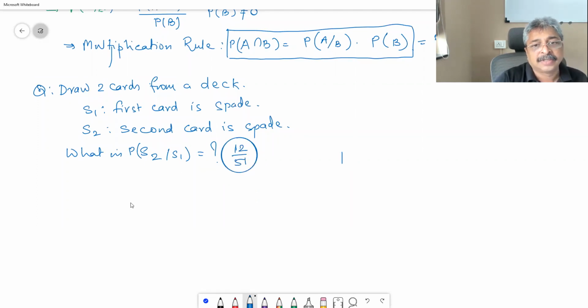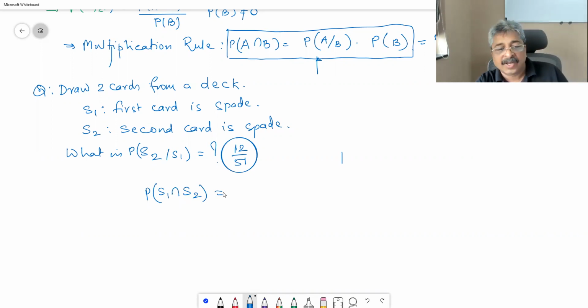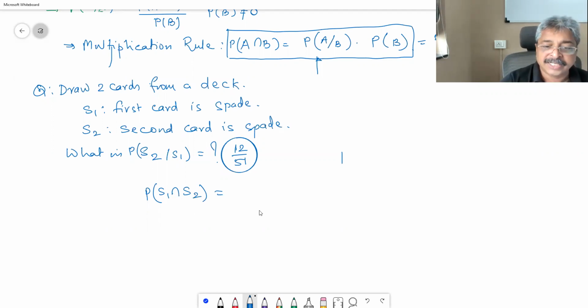Therefore, probability of second card spade is 12 out of 51 cards which are remaining. Direct answer. However, if we want to use this formula, we have to first find out probability of S1 intersection S2, which is first card is spade and second card is spade. Probability of first card spade is 13 upon 52.